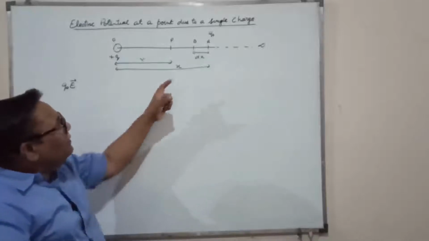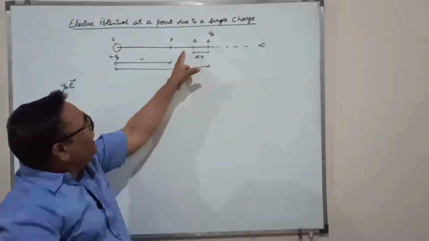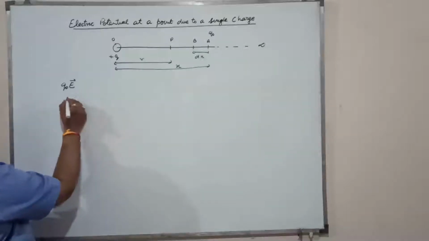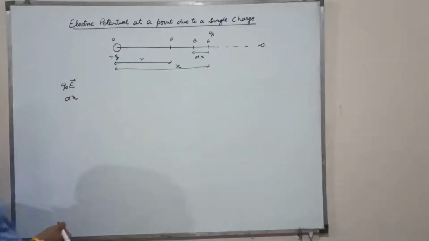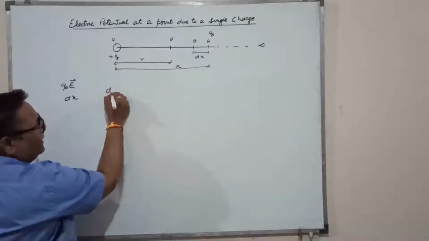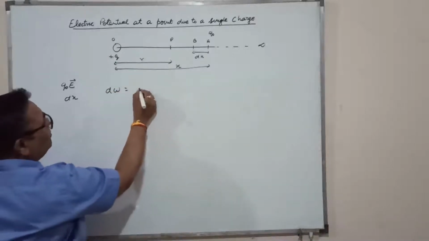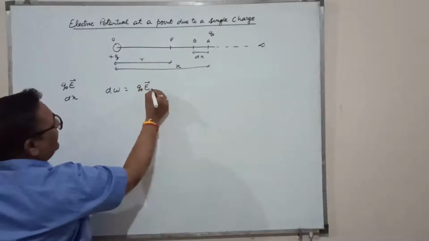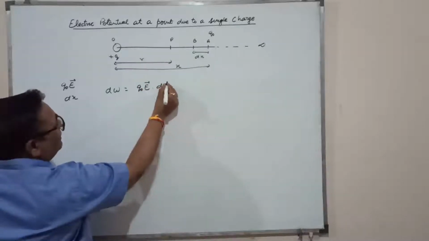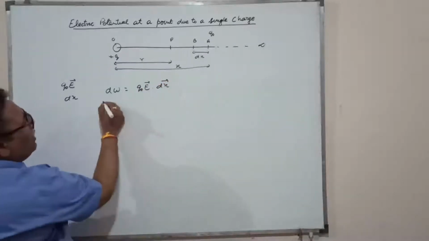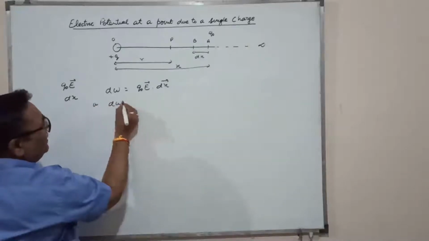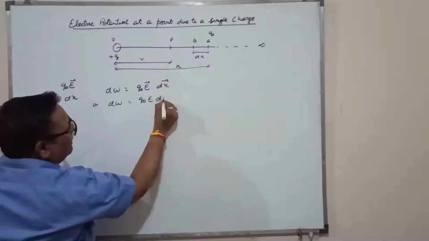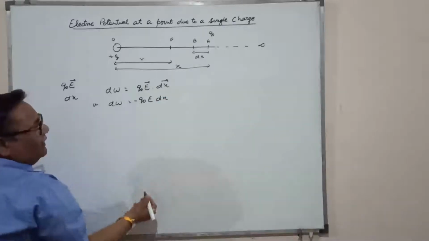Now the work done to bring the test charge from A to B. A to B means dx distance. Then the small work done in this process, dW, is Q naught E dot dx, or dW is Q naught E dx with minus sign.